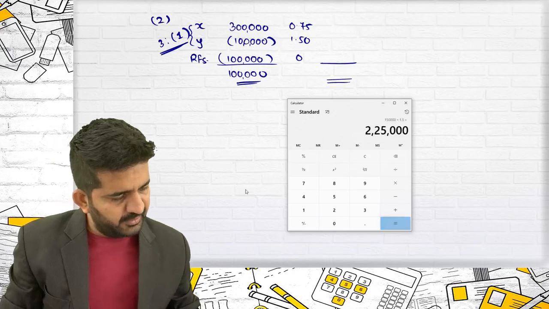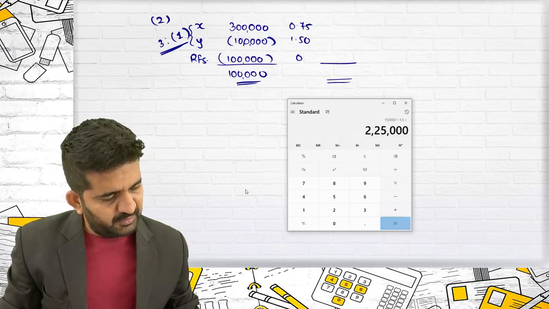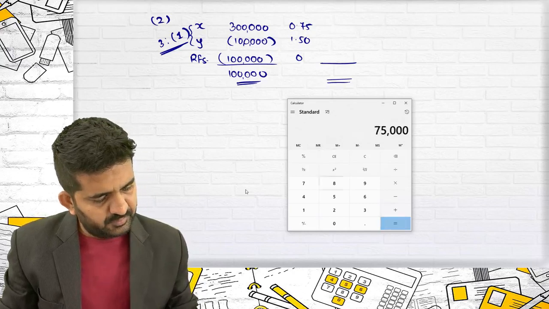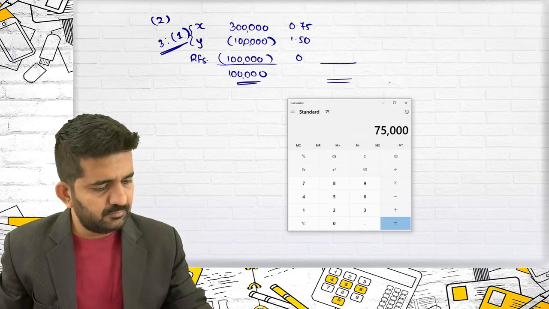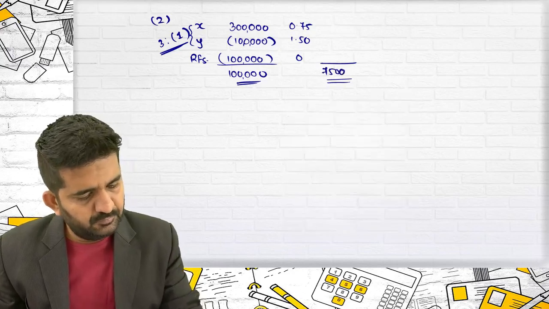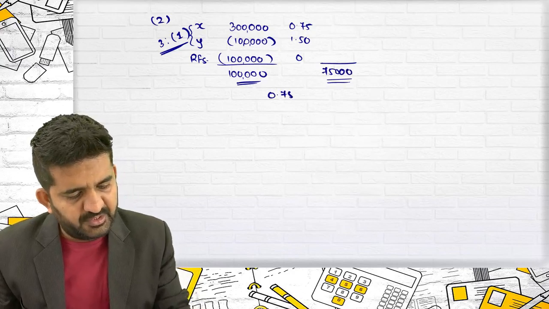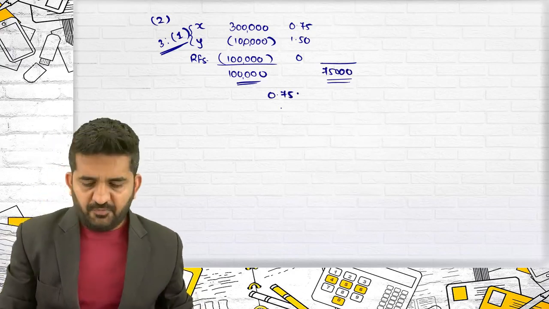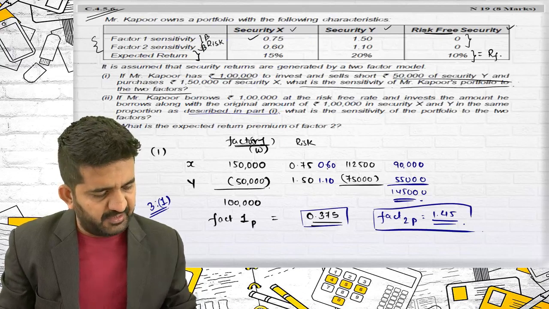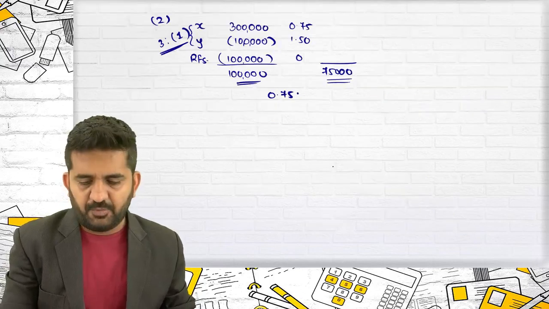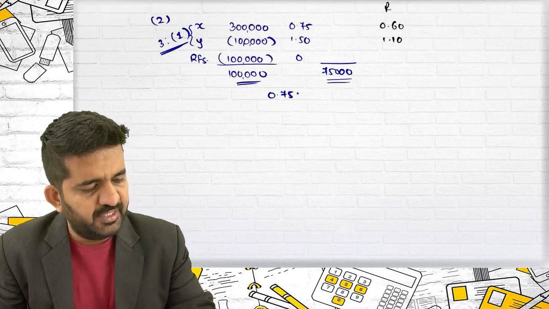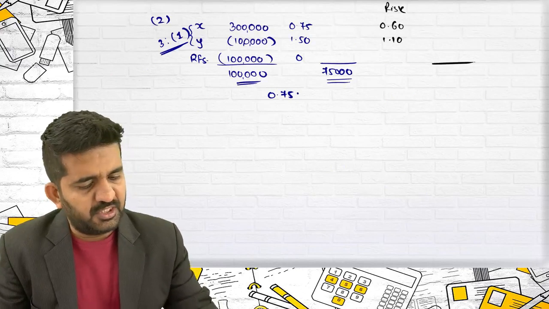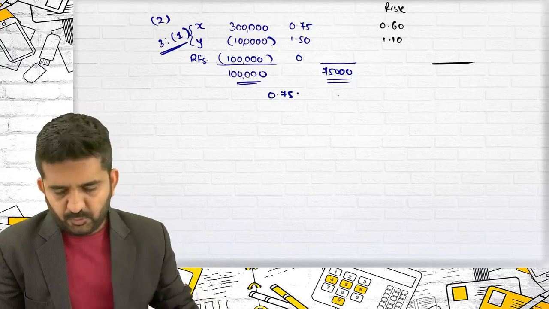This is 2 lakh, 2,25,000 minus 1,50,000, this is 75,000. It is 0.75. If I want to do factor sensitivity 2, it is 0.60, 1.10. 0.60, 1.10 should be taken as risk. Find out sigma IW. 3 lakh into 0.60.